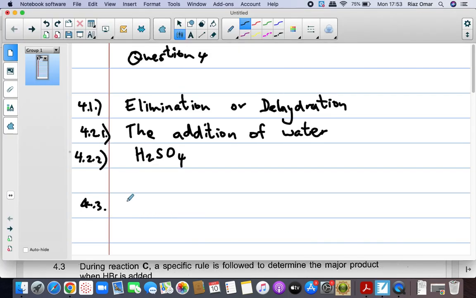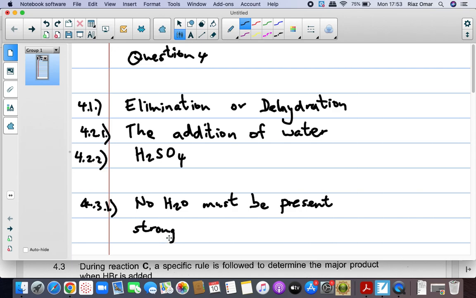So we can say 4.3.1. We can say no water must be present, and we can say strong acid as a catalyst.